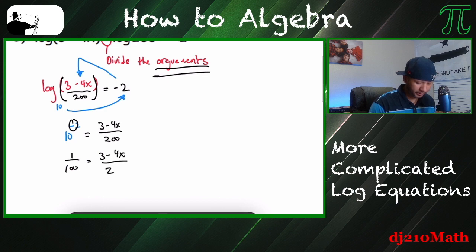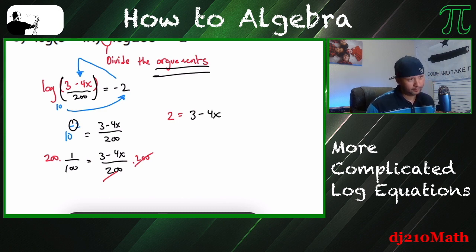Right-hand side, no change. And we just start clearing the fraction. Multiply both sides by 200. So 200 divided by 100, that's nice. It's 2, which is equal to 3 minus 4x. I'm going to add 4x, minus 2.